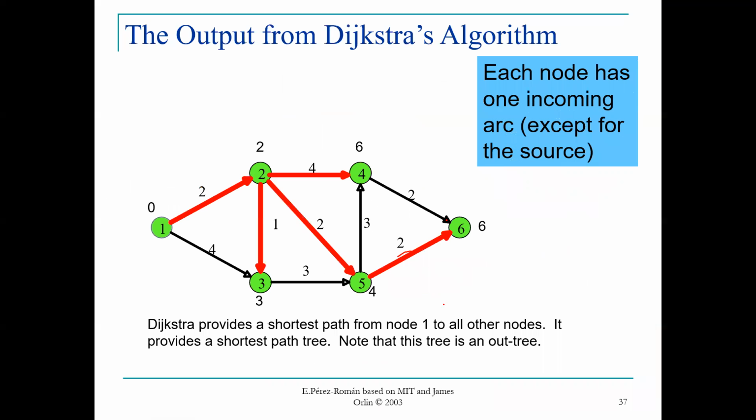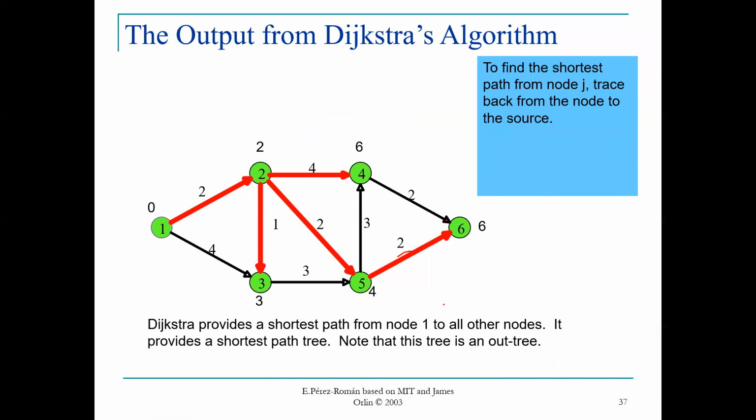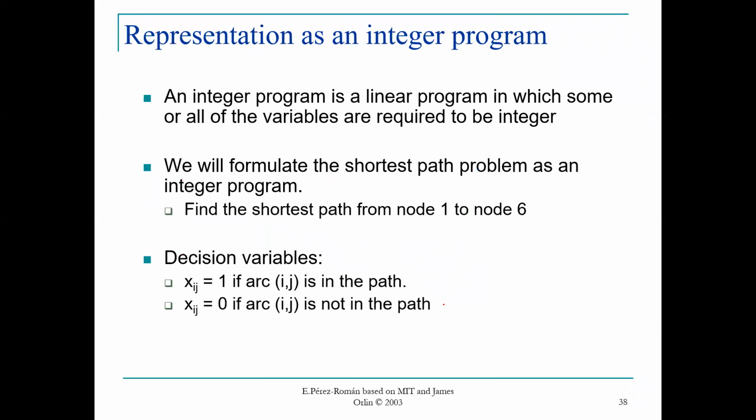As I mentioned already, you can also find the shortest path from the source node 1 to any other node. And also you can represent this network problem that we just discussed as an integer program. An integer program, as we discussed already, is a linear program in which some or all of the variables are required to be integer.